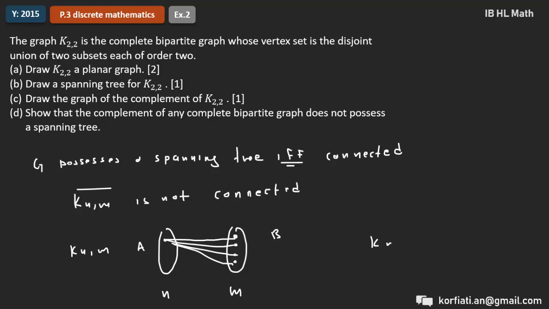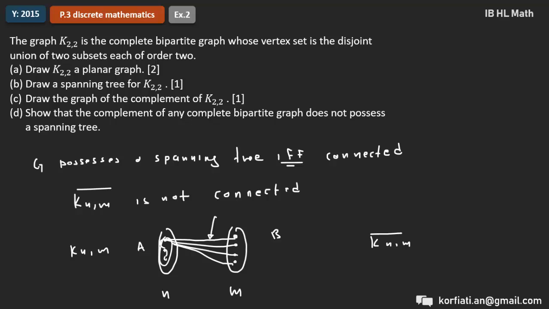So at the complement, all of these edges are illegal. There will be no edge at the complement that will connect a vertex from A to a vertex from B, and all of these vertices within a set will connect with an edge, so I will have a clique, a complete graph.